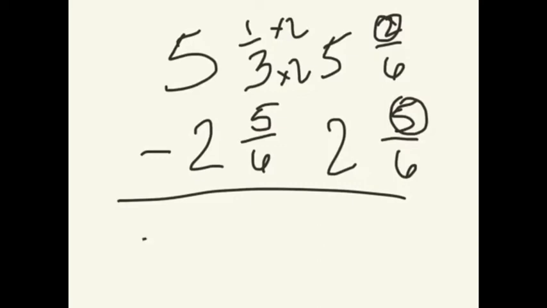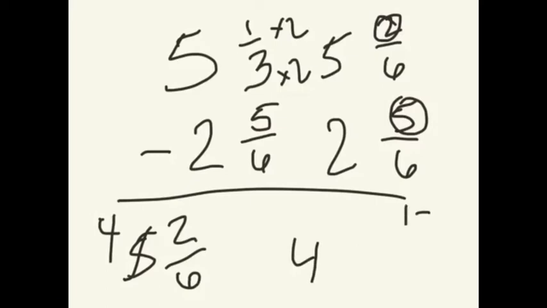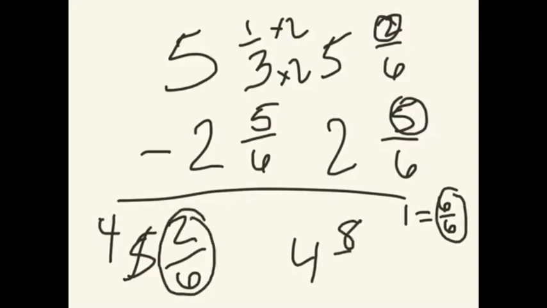But what I can do is rewrite 5 and 2/6 by borrowing. So I'm going to take one whole away, so it's going to be 4. But that one whole that I took away is going to be equal to 6/6. So I'm going to add these 6/6 to these 2/6, and I get 8/6. So 5 and 2/6 is the same thing as 4 and 8/6.